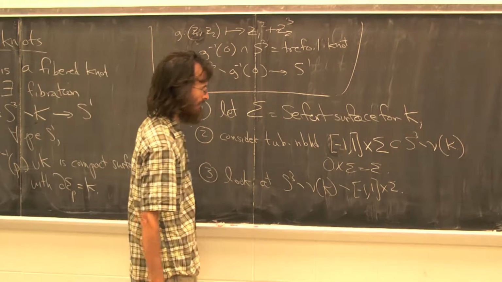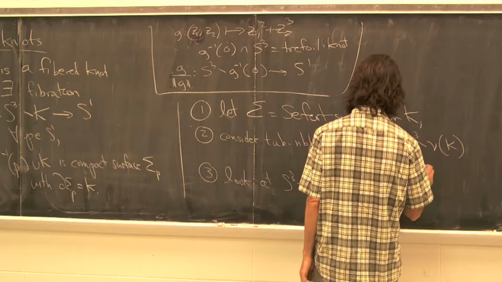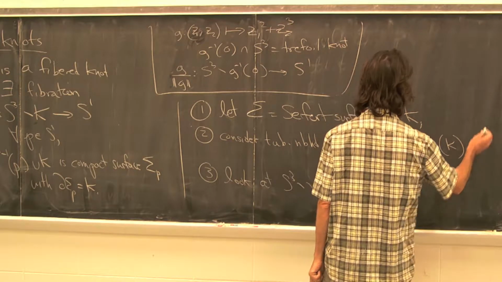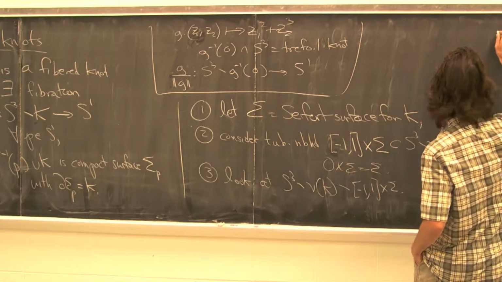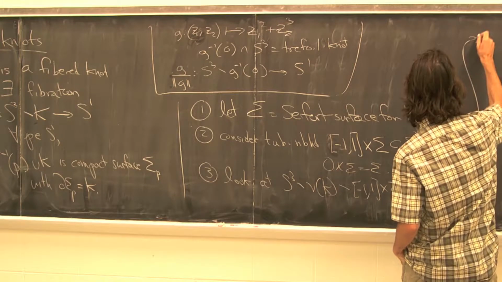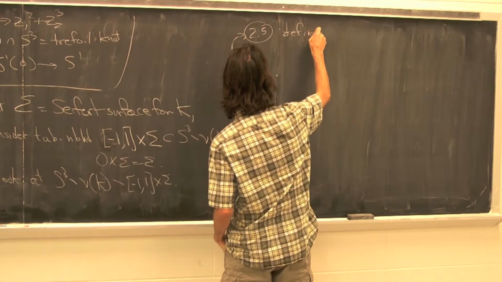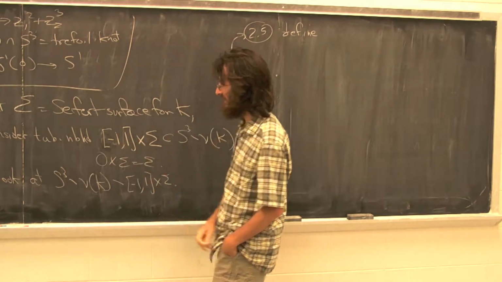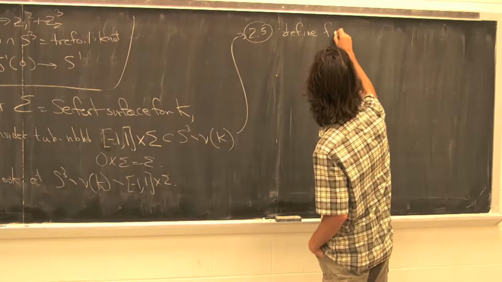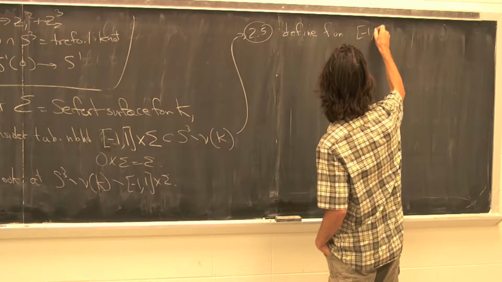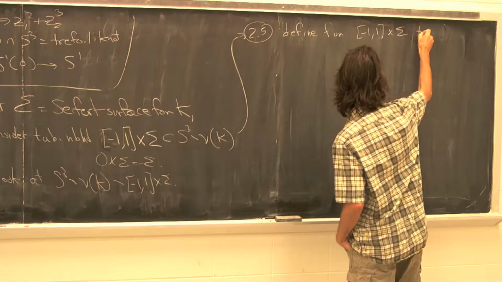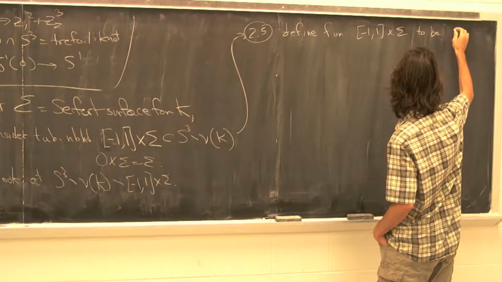So first, step 2.5, define F on -1 cross sigma to be just -1.